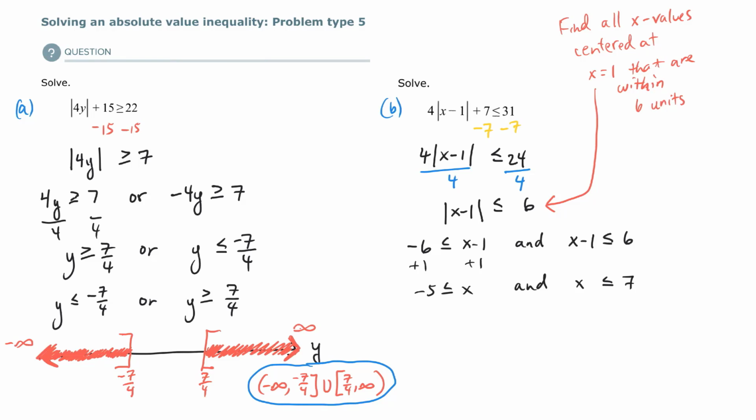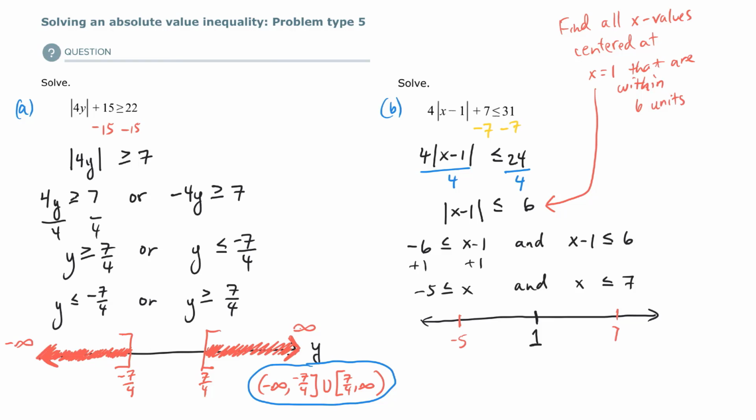So if you drew this on the x number line, our center is actually what? Our center is actually 1. And we want to shade all the x values that are within 6 units away or exactly 6 units away. So that means we got to include 7, and on the left-hand side, we got to include -5.